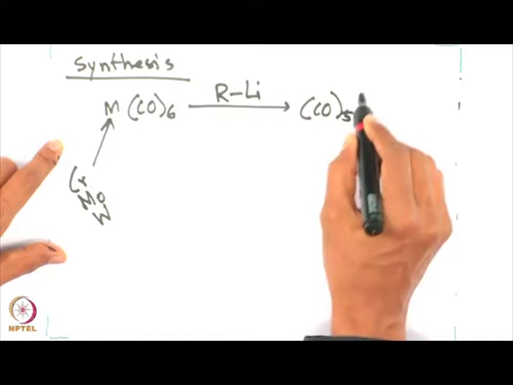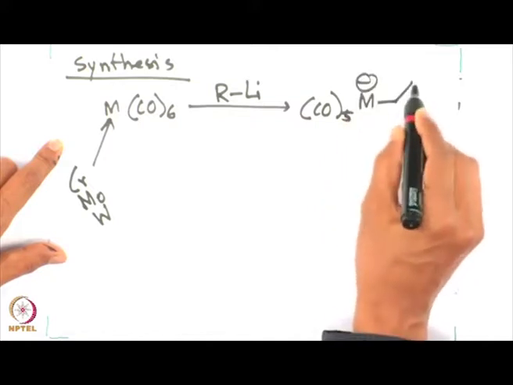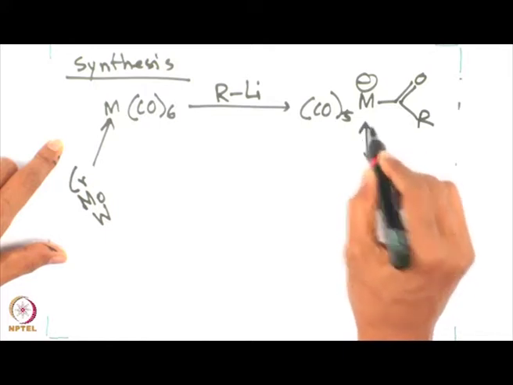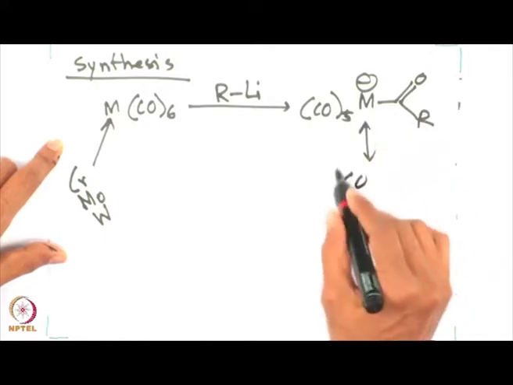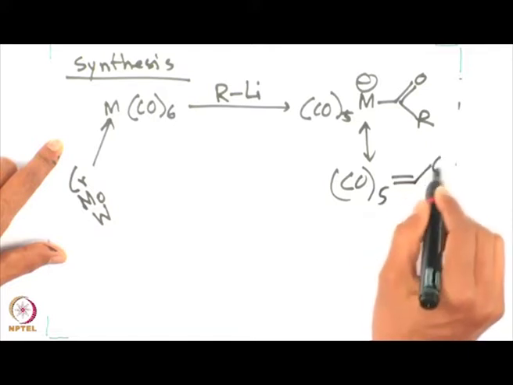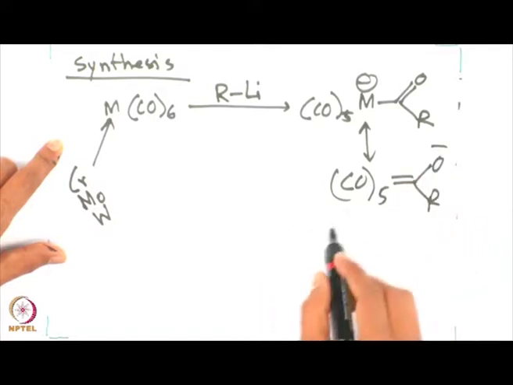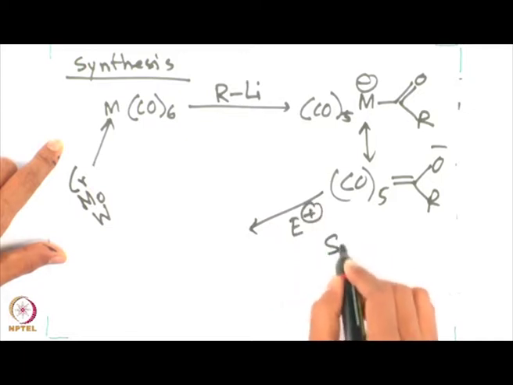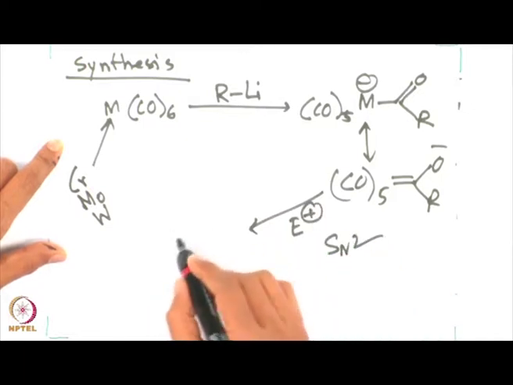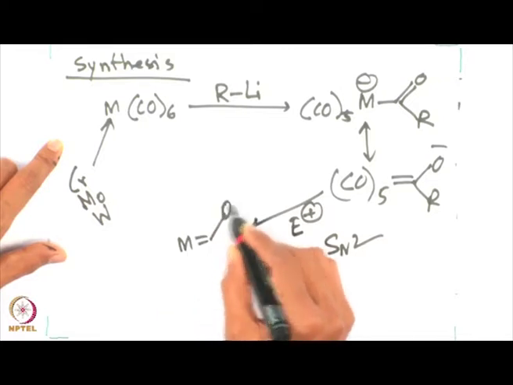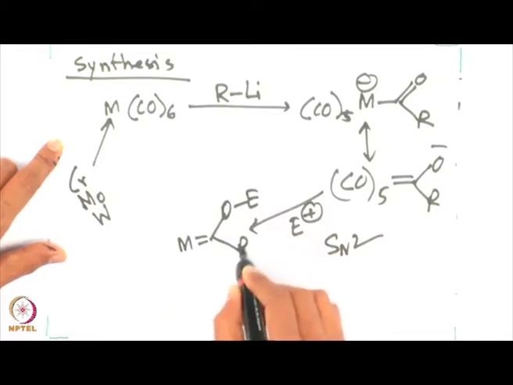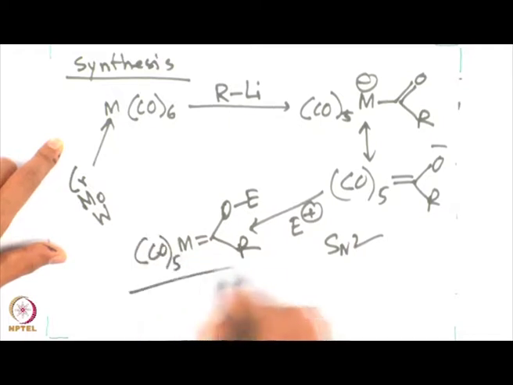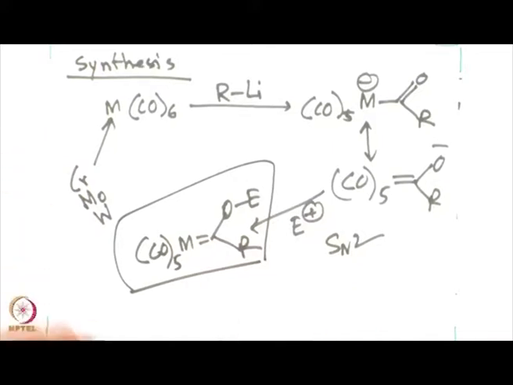We have discussed this briefly in the beginning part, and from there you can have this intermediate, which is a resonating structure between these two species, and to which you can add an electrophile. Basically this is an SN2 reaction from which you can get your product, that is the Fischer carbene. So, this is the Fischer carbene that you are looking at.